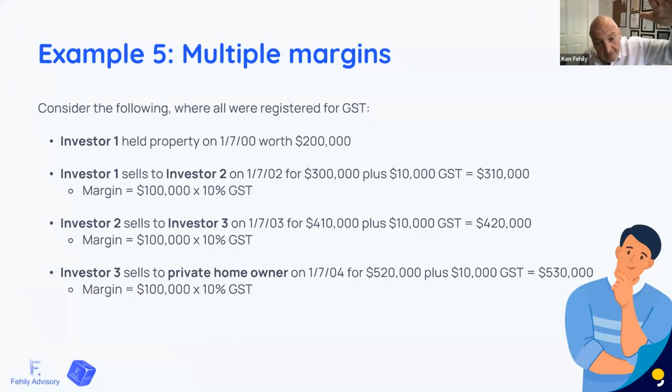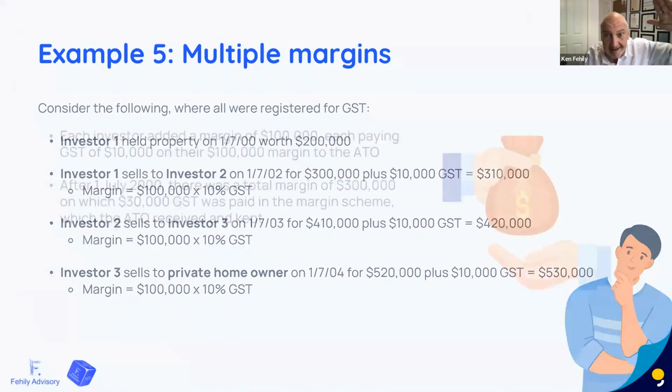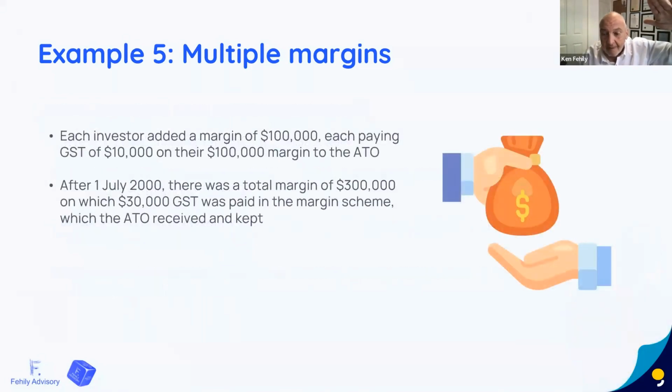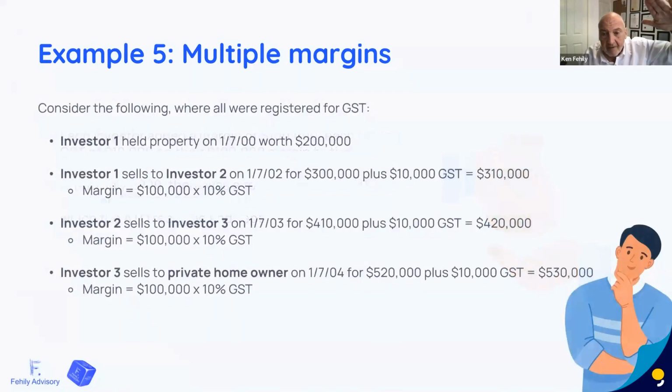So now what we've got is, I'll go back. Now, started at 200,000. It's now worth 500,000, 300,000 margin, plus the GST on the margins of 300,000, plus 10% GST on the 300,000 is 30.